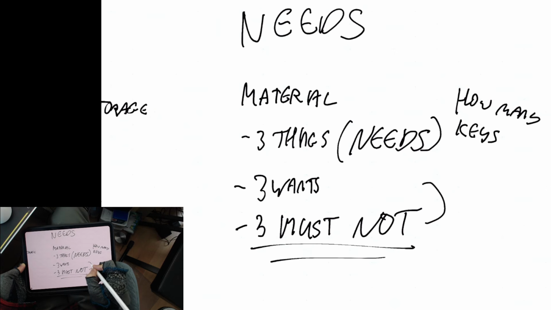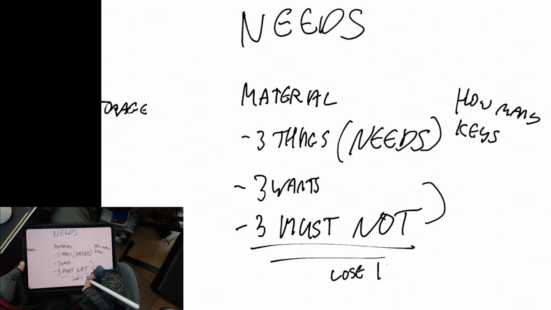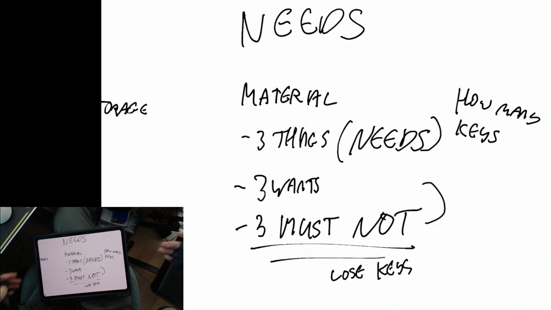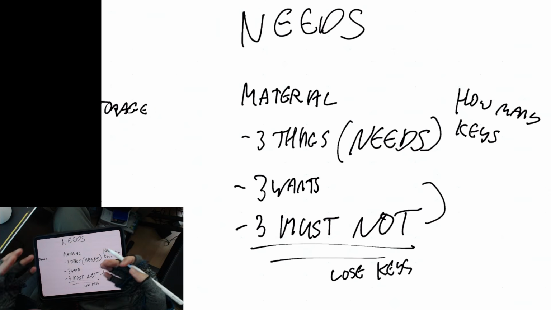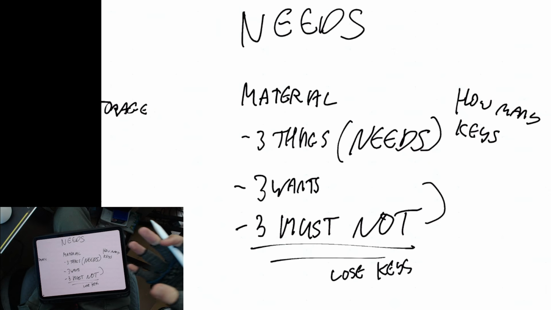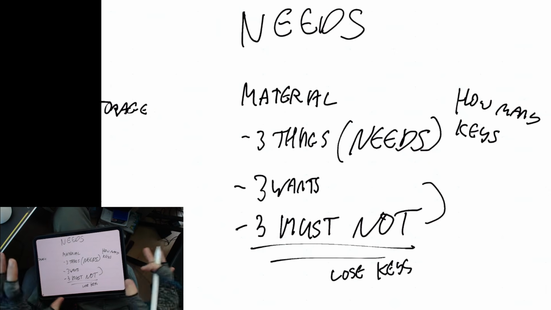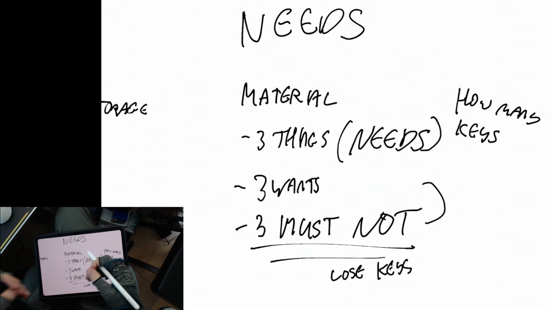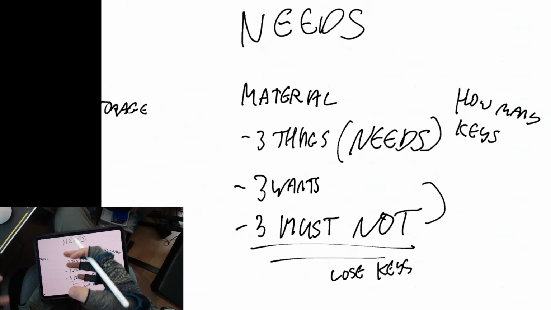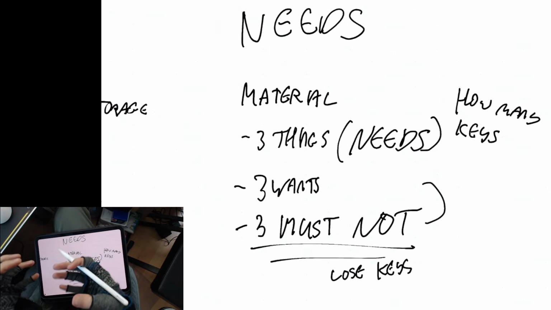Or things like it must not lose the keys, right? Must be secure in how it holds it. So this is the answering of the questions, right? This is the answering of the things that it needed to be able to do, the things it must not do, the things that would be nice to have. And so these questions come together to help you decide, how will your thing look?